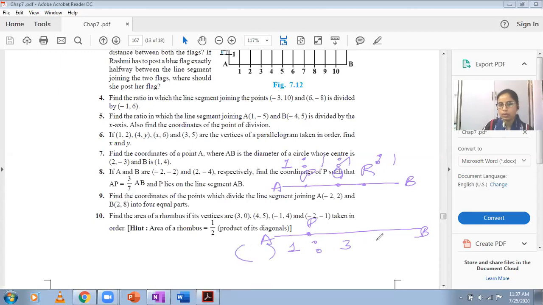And then you have the coordinates of A and B. You can find out P. And similarly, what you can do is you can ignore P. Q will be calculated. This will be the midpoint. Now it depends upon you. If you proceed with this, it will be done in 3 steps. But the easiest way to do this one is, when you have 4 equal parts, always start with the middle one.